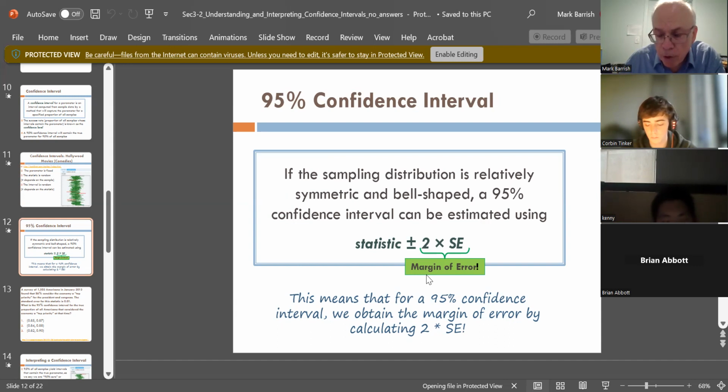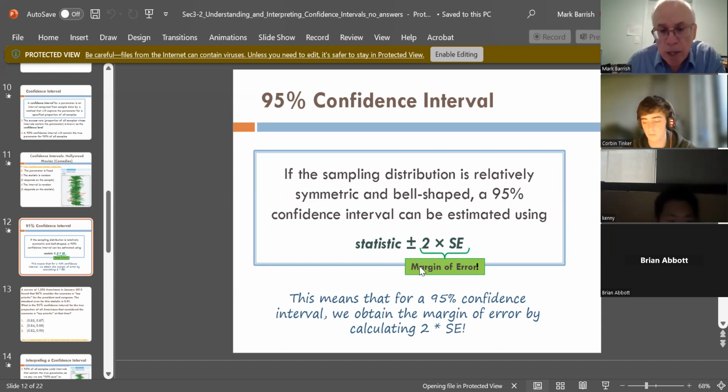And it's saying here to get a 95% confidence interval, we can estimate it by simply multiplying 2 times the standard error. That's called the margin of error. Remember, a confidence interval is basically the sample statistic, the sample mean, let's say, for the sample that we have, plus or minus the margin of error. So we take the sample mean and subtract the margin of error, take the sample mean and add the margin of error, and we get the endpoints for that interval.